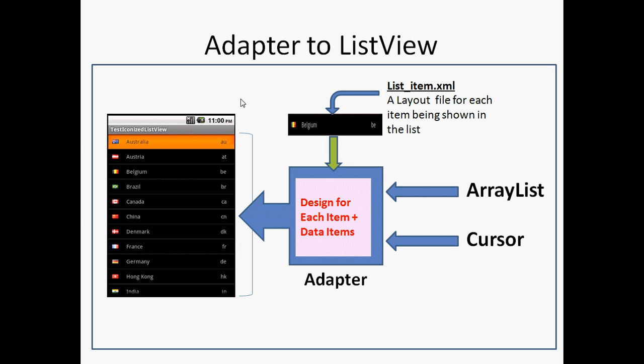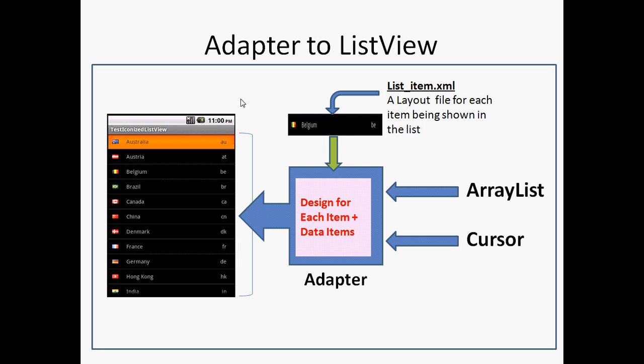Whatever data items are being shown in the list view, each has its own design, and there will be a common design followed by each and every item shown in the list view.